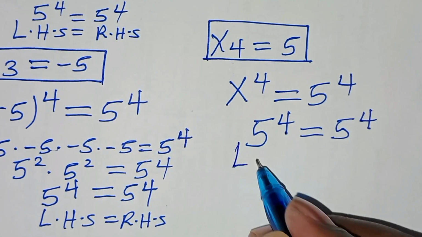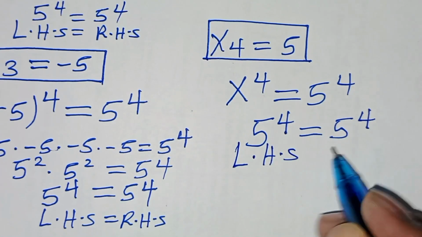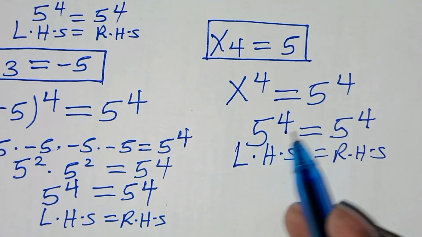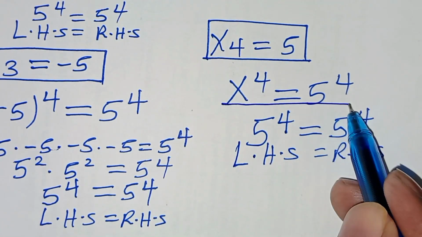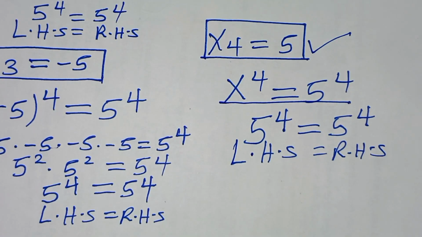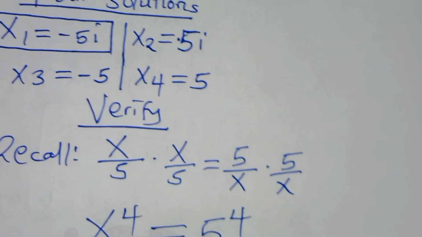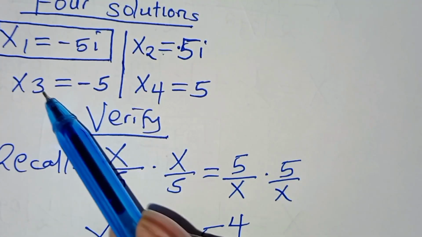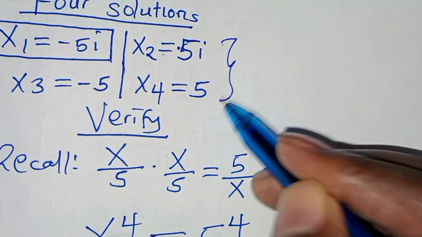So this clearly shows that the left hand side is equal to the right hand side. And this proves that x4 satisfies the equation. So we have that the four solutions, that is x1, x2, x3, x4, satisfy the equation.